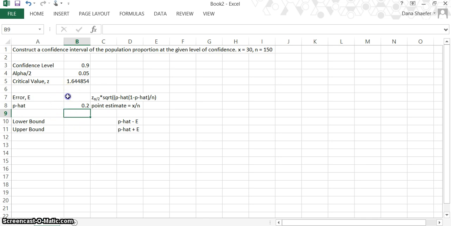Now we'll come up here and get ready to load that formula. I'm going to call out the critical value, which is up here in row 5.